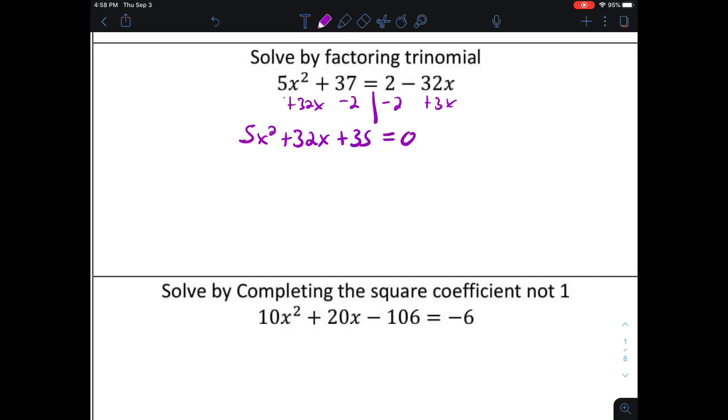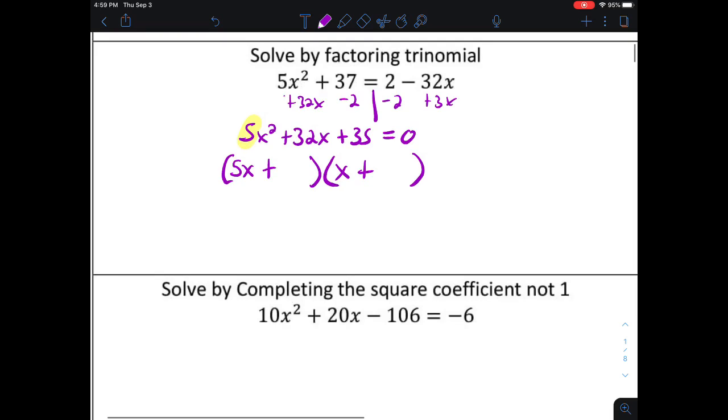Now I go through the process of trying to factor. So I have a prime number of 5. So I know I'm going to have 5x and have an x. And I have all pluses, so I'm going to have plus plus. And I got to make 35. Well, my options are 7 and 5 or 35 and 1. And 7 and 5 will work. If I multiply 5 times 5, that makes 25.